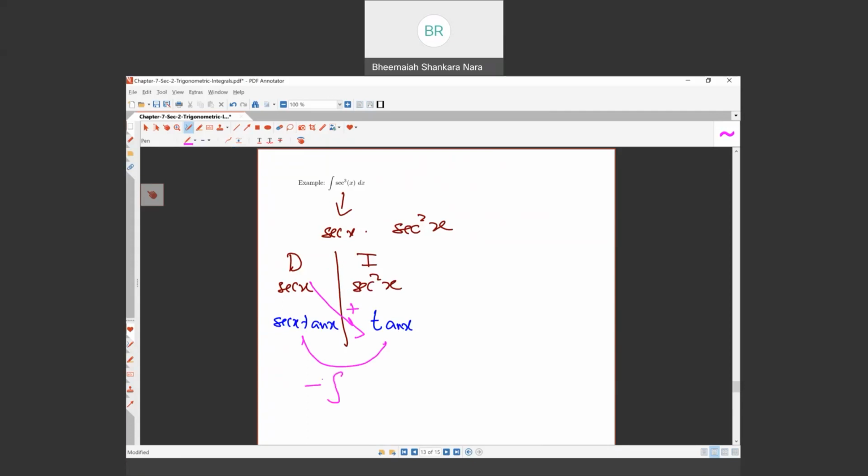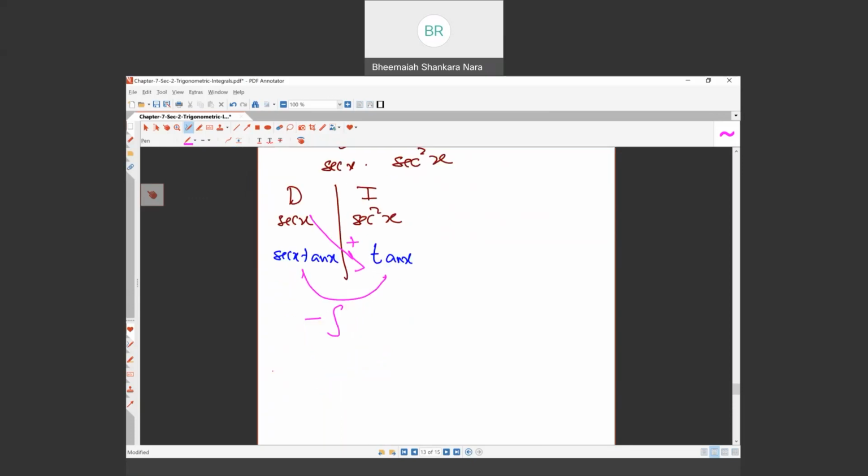So let me write, the given integral is j, which means this will reappear. So I'm naming the integral as j. So write the integral secant cube x dx, this is the integral we want to evaluate, is secant times tan, from the above table what we wrote, negative secant times tan square x dx.